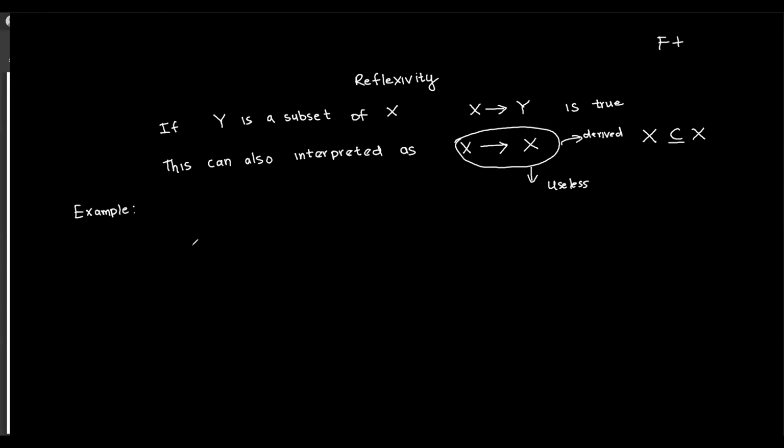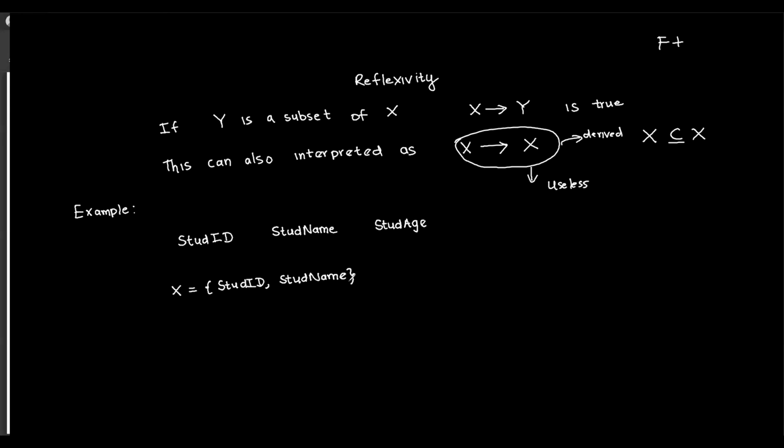Let's say we have a relation with three attributes: student ID, student name, and student age. They are giving the initial FD, a given FD: x is equal to stud ID, stud name. They are giving this, not I am writing this.